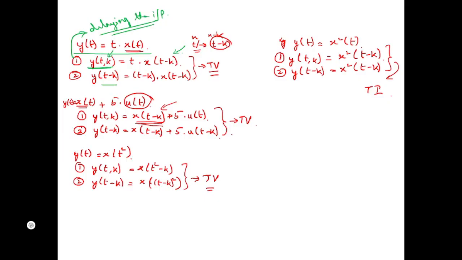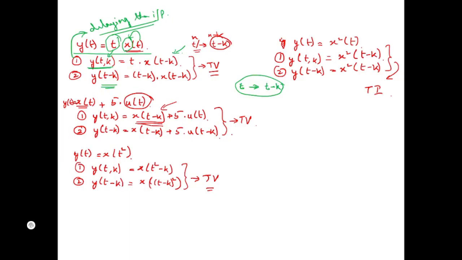In the next step, you have to change t to t minus k. Delaying applies when t is your independent component. Is t the independent component of the signal here? No. This is your input signal, and herein t is the independent component for the variable x.